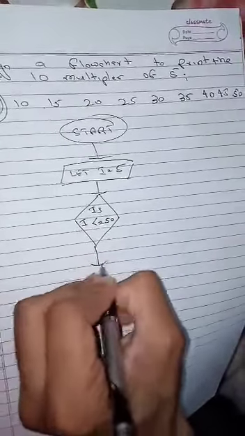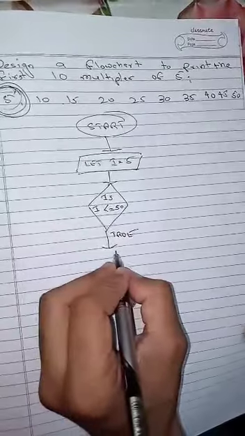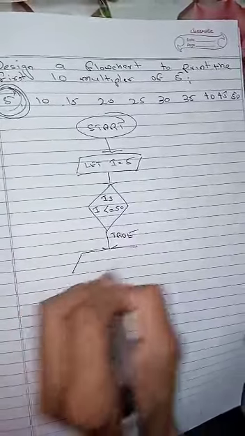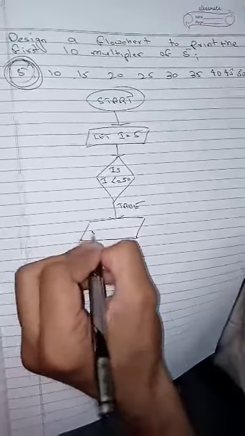Now if it is true, then we will print I, and then we will update the value of I by adding 5.